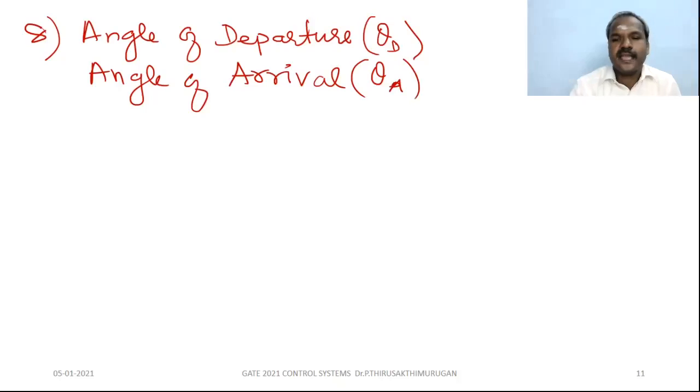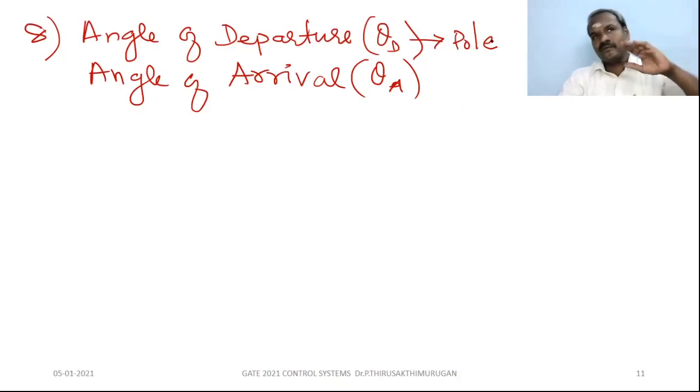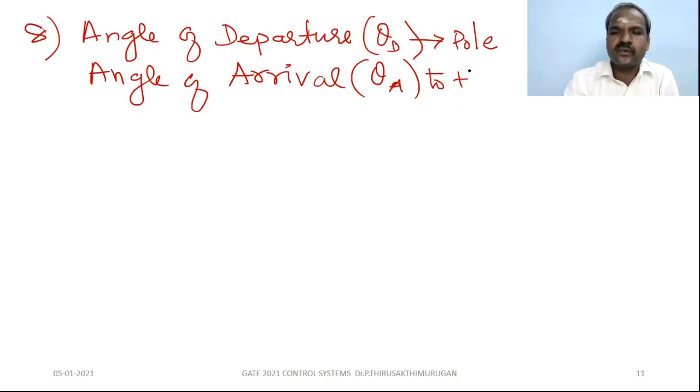So angle of departure or angle of arrival: the angle of departure from the pole, so from the pole it departs, and similarly the angle of arrival at the 0.